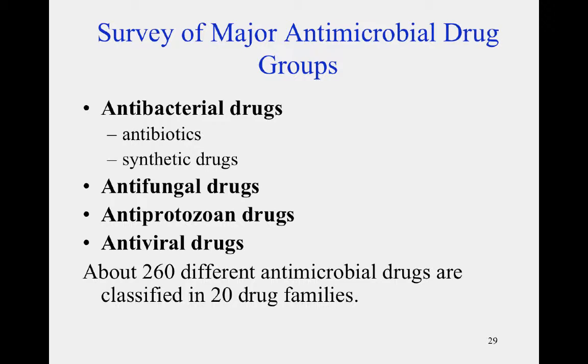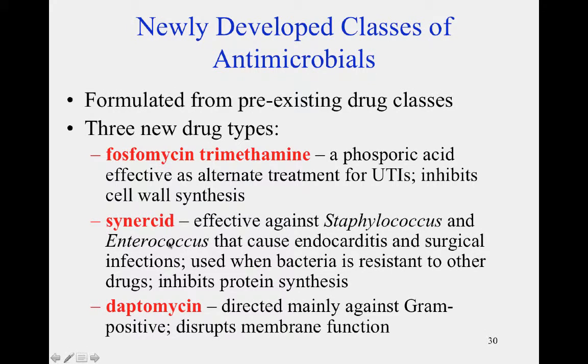But we do have other groups of drugs here that are used to treat fungal infections, protozoan infections, or viral infections. So for some of the newer ones, actually, that I didn't just mention here, Synercid, that's one that has been talked a lot about for treating staph infections, enterococcus, that can cause endocarditis.